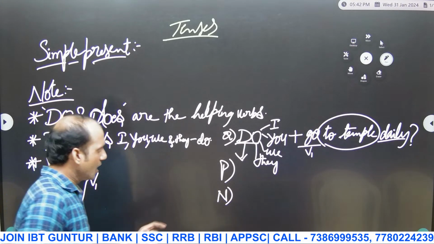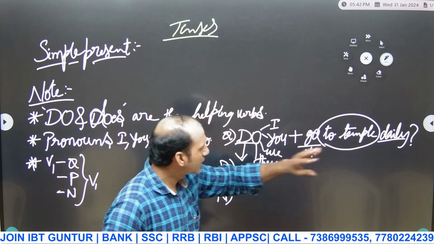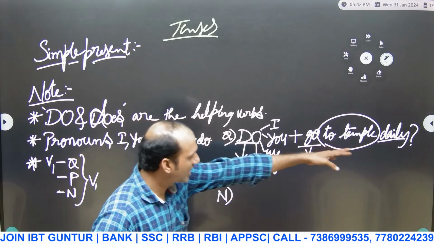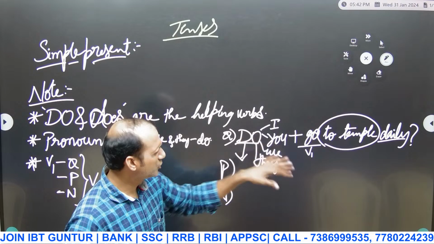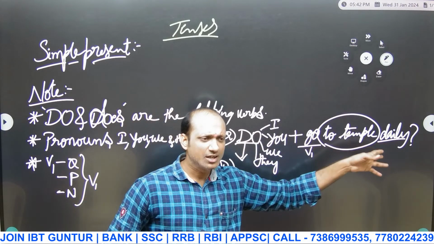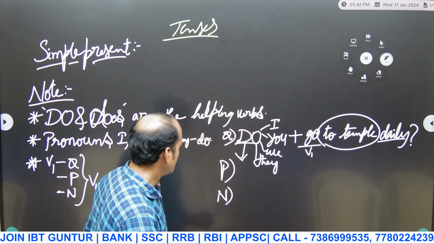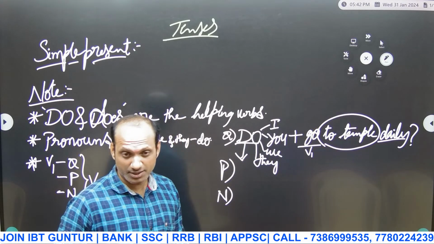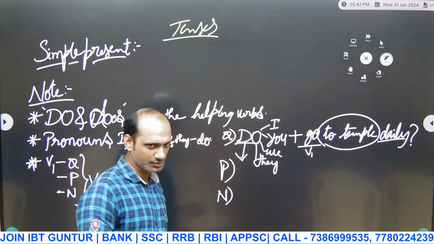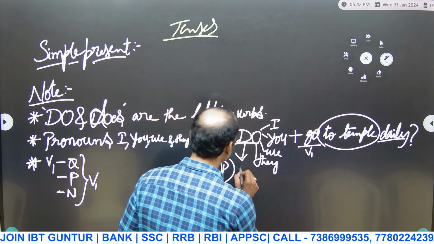Try. Do you go to temple regularly? I mean daily. Generally, usually, casually, frequently, often, rarely, seldom. These are all the keywords. Every week, every month, every day. These are also. Okay. Now coming to the positive.